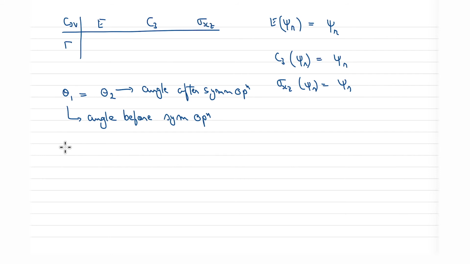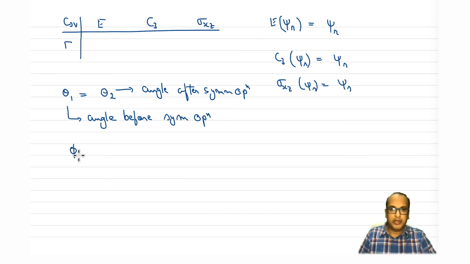Okay, now let us look at phi. If we are doing a C3 rotation, what happens to phi 2? Phi 2 becomes phi 1 plus 2 pi by 3, right?